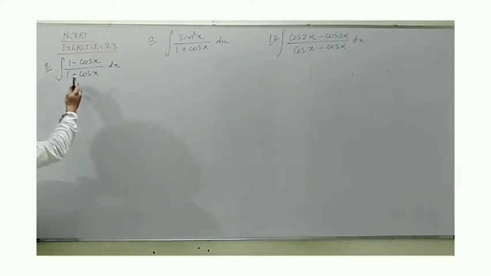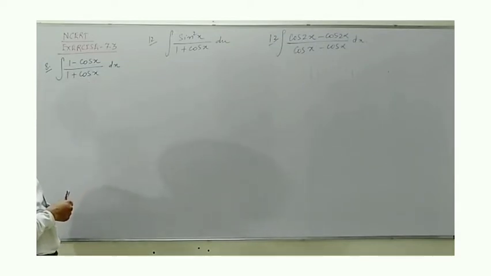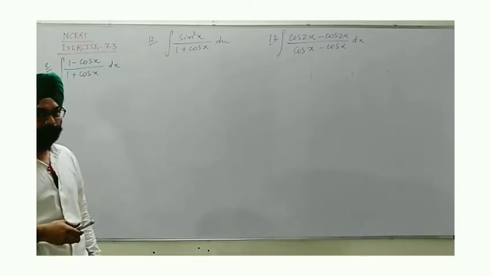Now, in general, students rationalize the denominator by multiplying 1 minus cos x to numerator and denominator both. So this will become 1 minus cos x whole square, and the denominator becomes 1 minus cos square x, which will be converted to sine square x. All these things I am speaking verbally, because I am not going to apply that method.